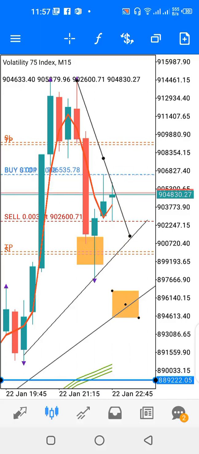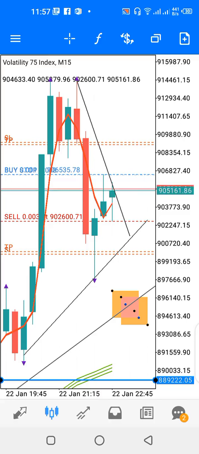Upside is favored for now, but let's see what happens. Price is attempting to go up.